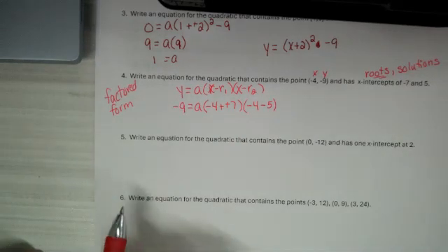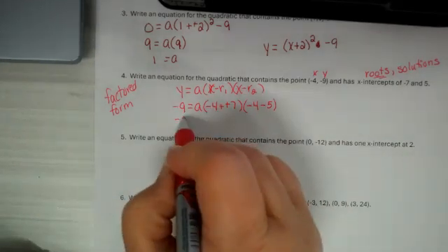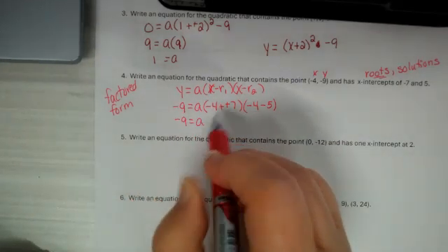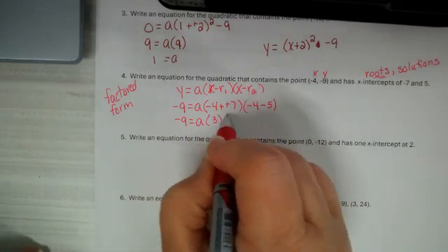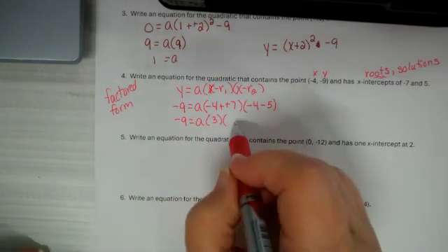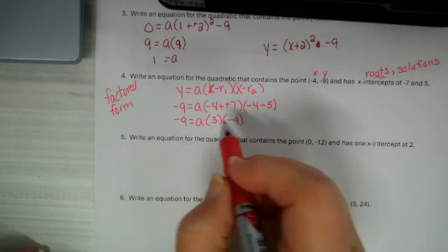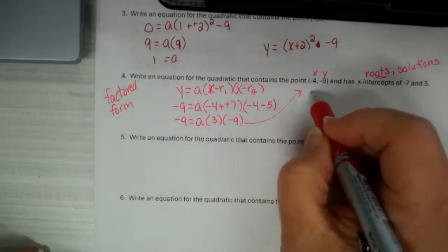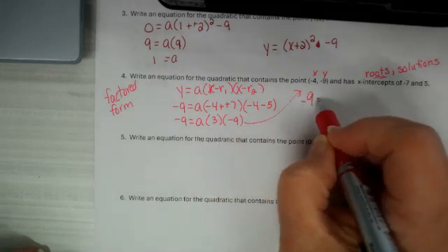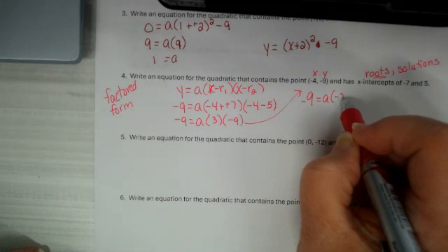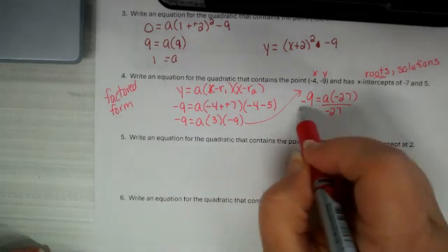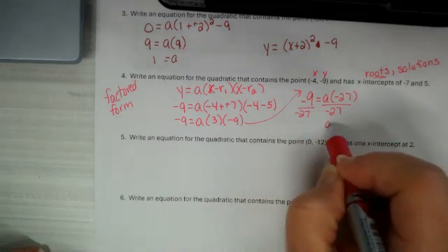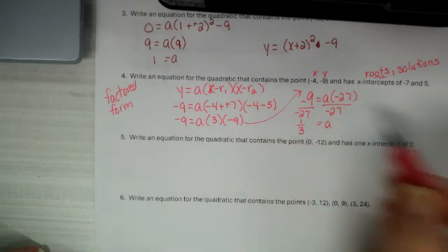And now we just solve for a. -9 equals... -4 plus 7 is 3. -4 minus 5 is -9. So -9 equals a times -27. So I will divide both sides by -27 and find out that a is positive 1/3.